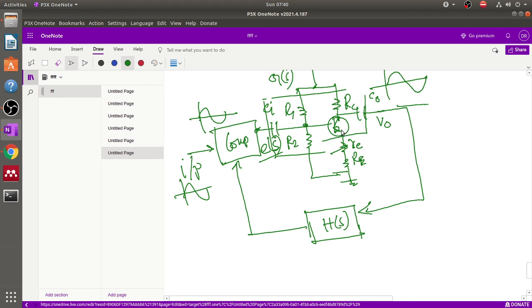And one thing should be remembered, all parameters are investigated in a control system in the Laplace domain. Okay, so using the Laplace transformation method, we can say whether any circuit is stable or unstable, and how the circuit can be converted from stable to unstable or unstable to stable.